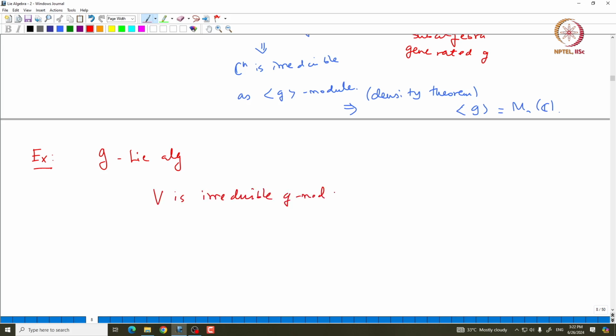Then if and only if, one can prove that for any non-zero vector v in V, the submodule generated by v has to be the entire V, and this should be true for all non-zero vectors v in V. So, in that case V becomes irreducible, and conversely this happens.